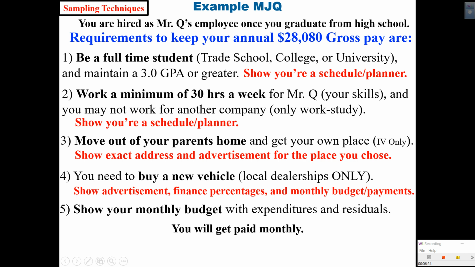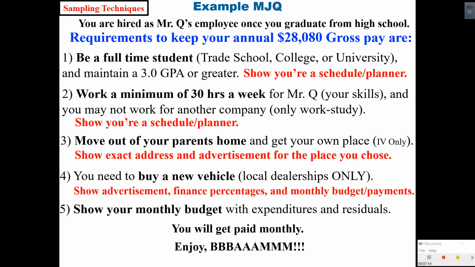It's like you just wrote Monday, 12 to 3 school, and then 4 to 11 work for Q. And I'm like, what? I want to see the classes you're taking. I want to see what it is that you are doing, not just that. That's not quality. You guys are seniors by now. You should be able to do some quality work.